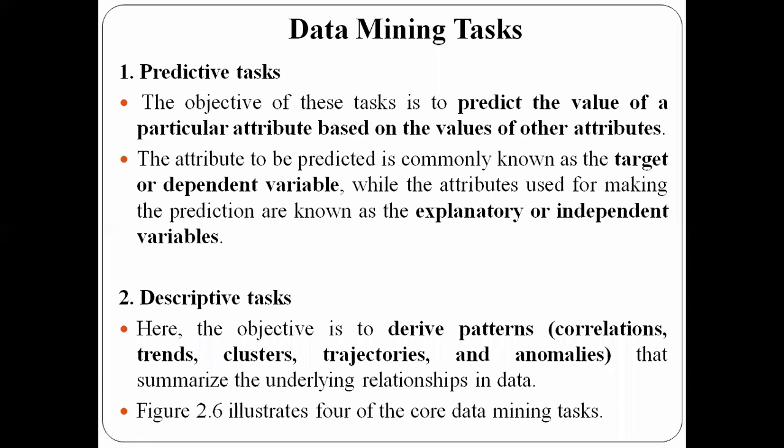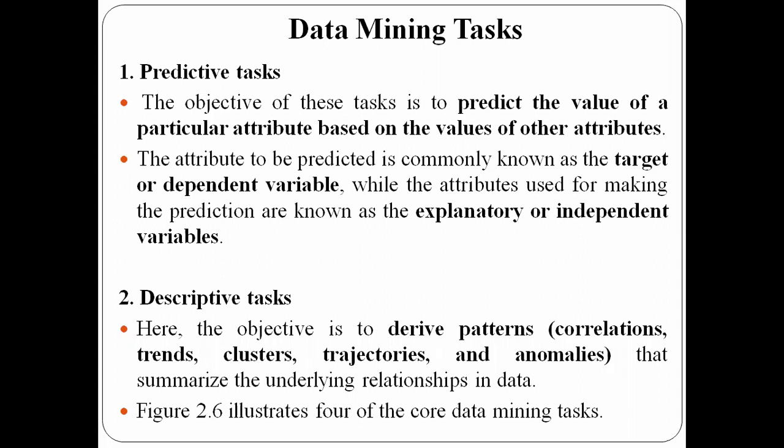The main objective of the predictive task is to predict the value of a particular attribute based on the values of other attributes. That is nothing but prediction. I'll give you an example later, while explaining the next topic. Just remember this one.